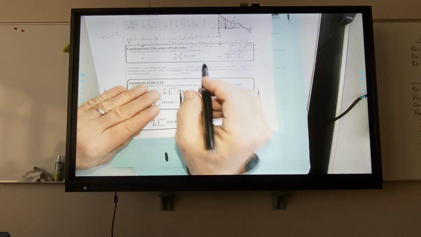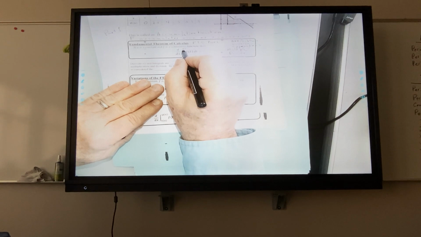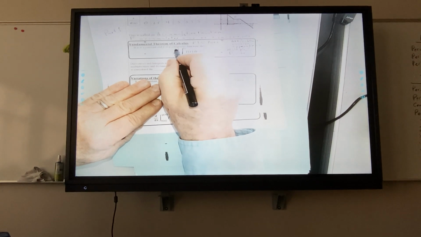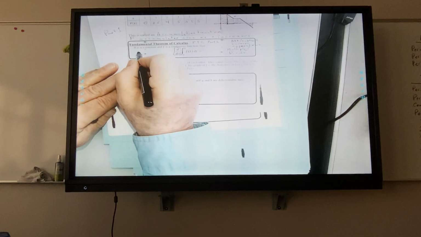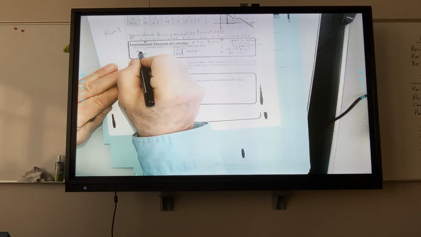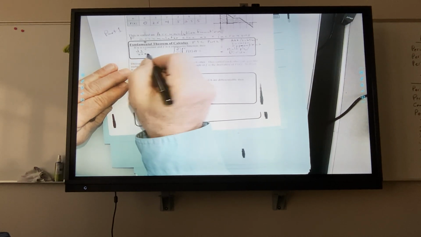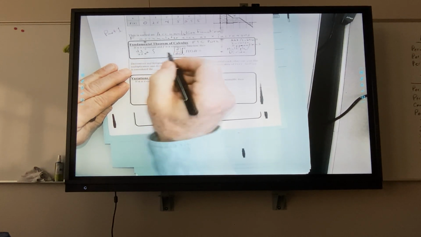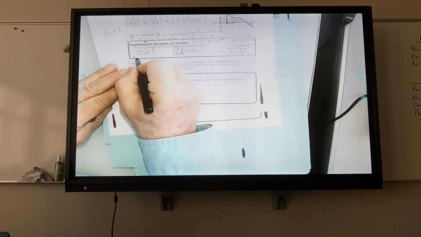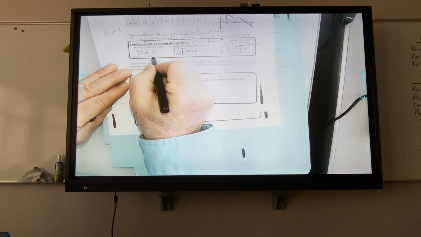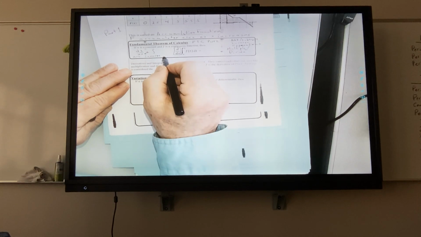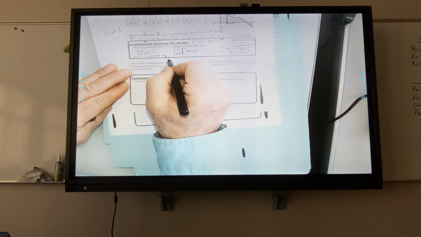So when you see this symbol and this symbol, dy dx and this integral are inverse operations.